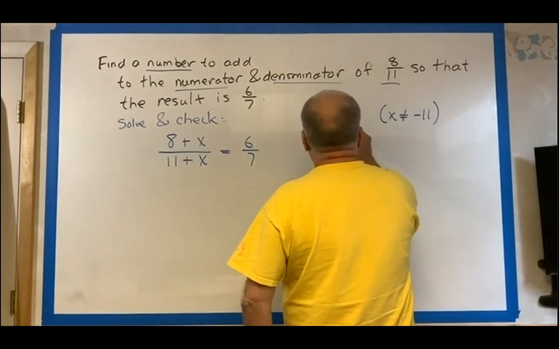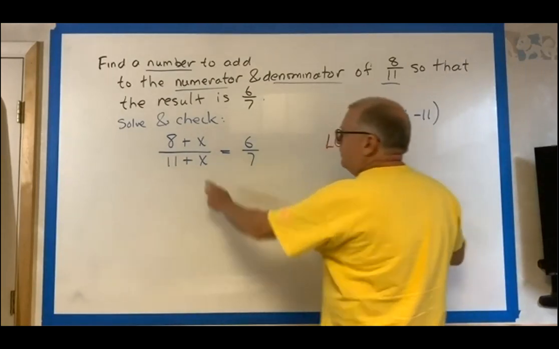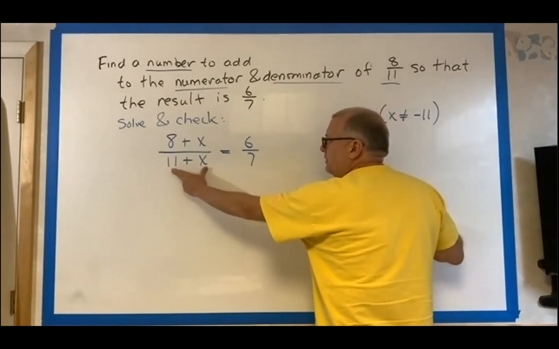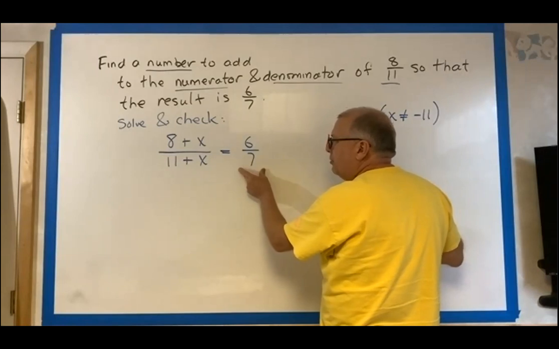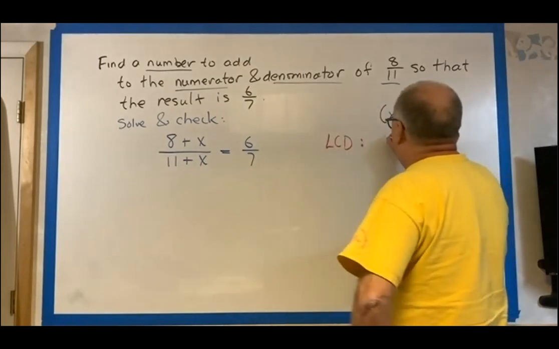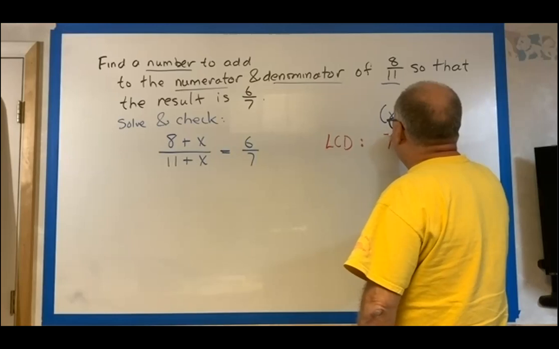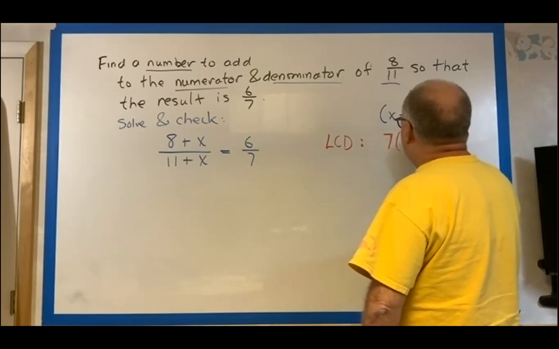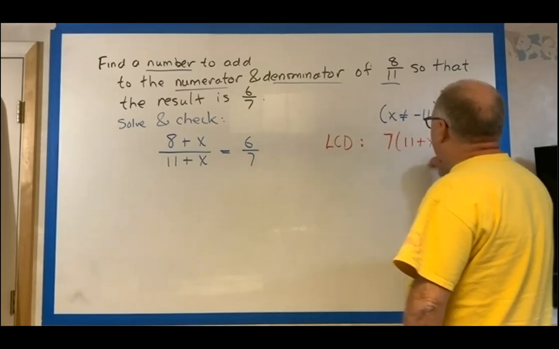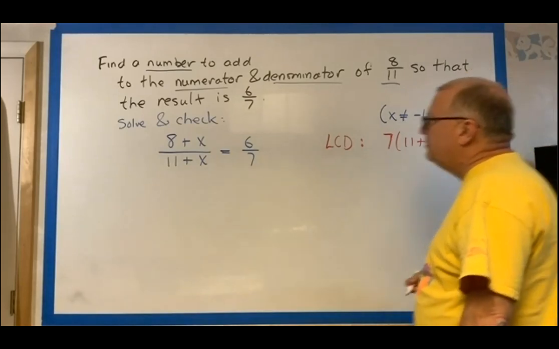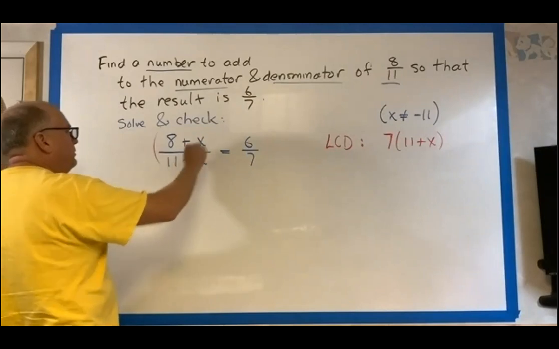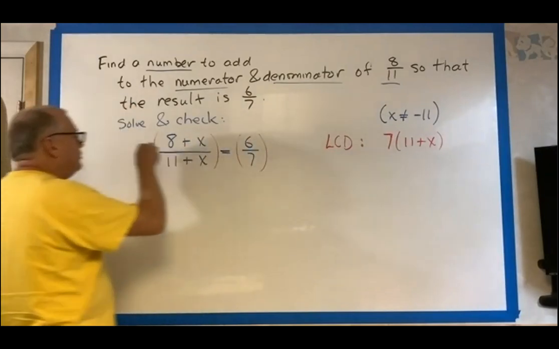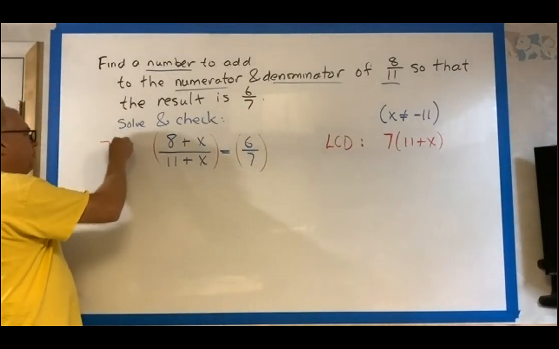And the LCD here, with 2 fractions, is just, this one lacks a 7. This one lacks an 11 plus x. The least common denominator here is just 7 times 11 plus x. Or you could say x plus 11. Let's multiply both sides by 7 times 11 plus x.